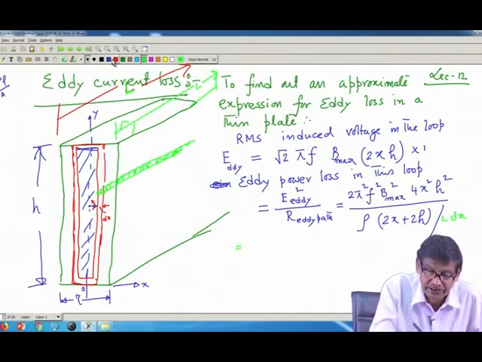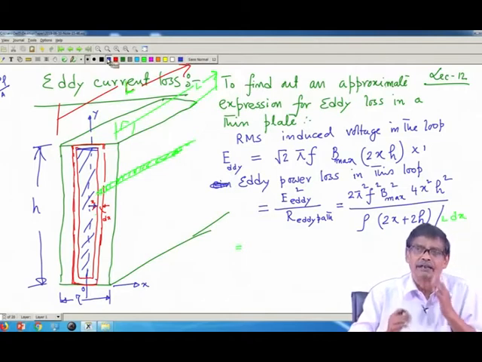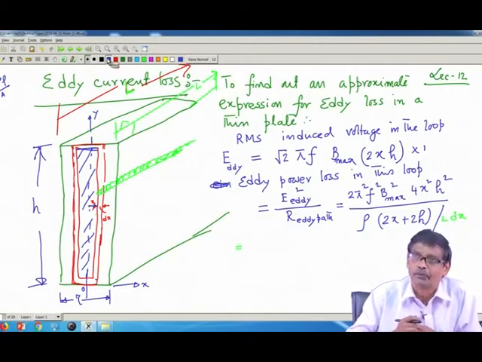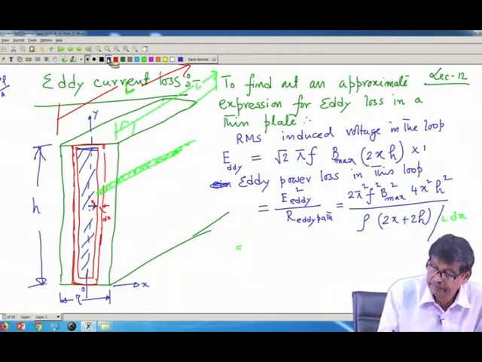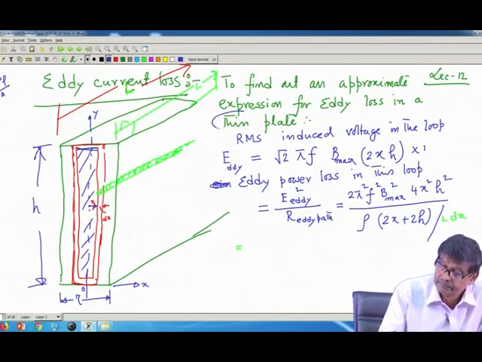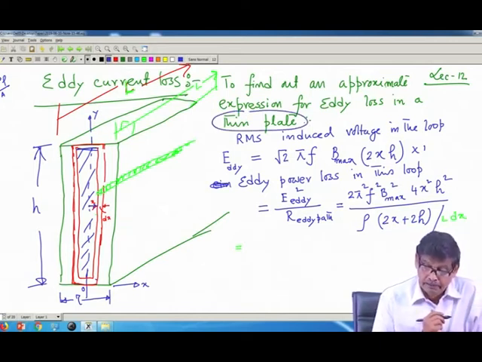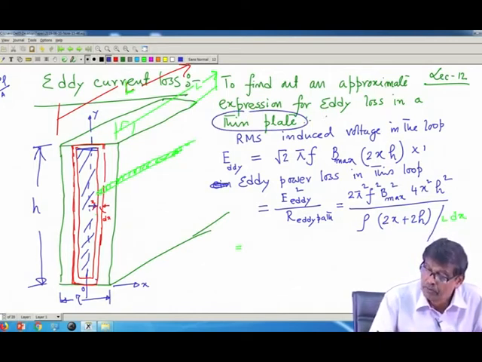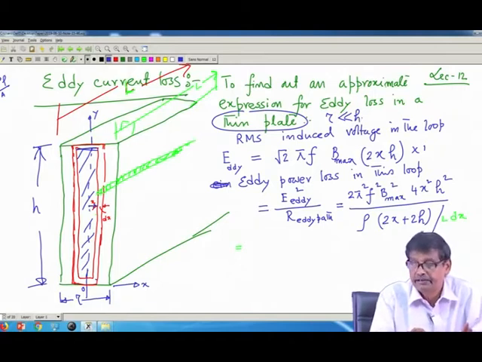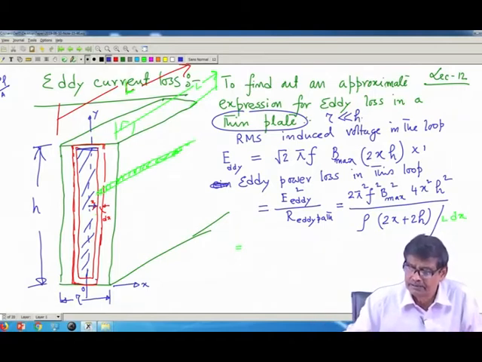Now, as I told you, we would like to find out an approximate formula to have a feeling on what factors eddy current depends. Since it is a thin plate, the value of tau is much smaller than this finite dimension h or L, whatever it is.